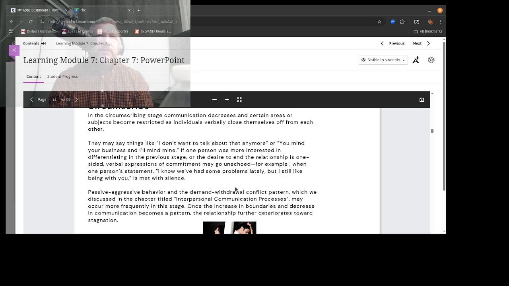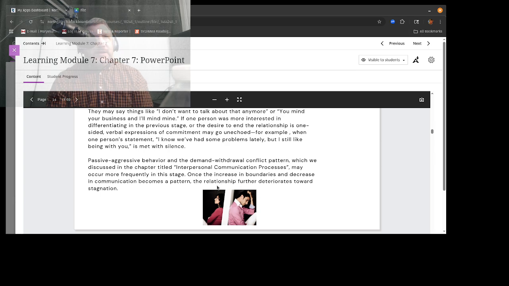One party might say, "I know we've had some problems lately, but I still like being with you." But if that's met with silence, you already know that someone is checking out of that relationship, and usually not the person that said that statement, right?